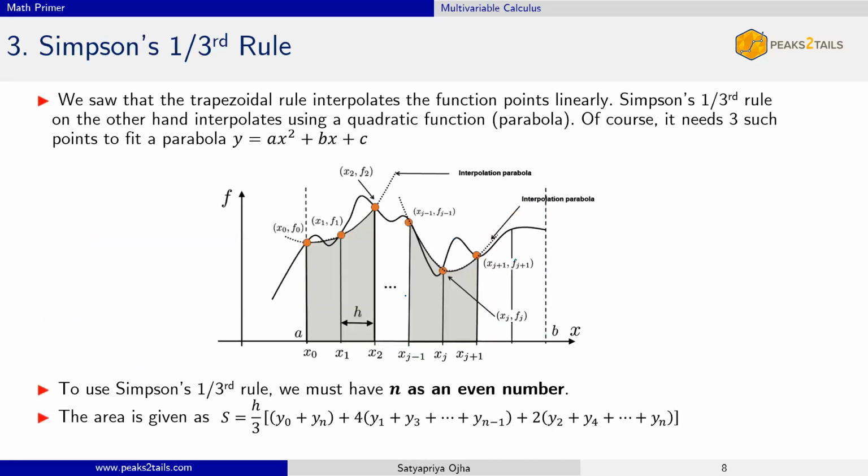Now we'll look at Simpson's one-third rule. There are two flavors to Simpson's rule. One is called one-third rule, which is what we'll look at next. And then we have something called 3/8 rule.